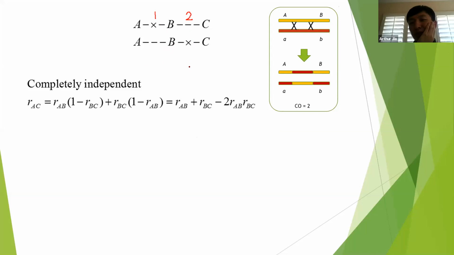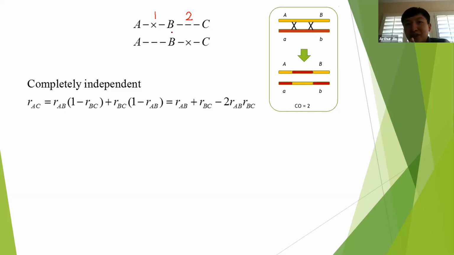One possibility is a single crossing over occurring between A and B but not in the second region, and this will produce the recombinant between A and C. If the crossing overs in region 1 and region 2 are totally independent of each other, we can calculate the probability. R represents the recombination probability or frequency between A and B, right? So this number, R_AB, gives you the probability that we have a single crossing over in region 1.